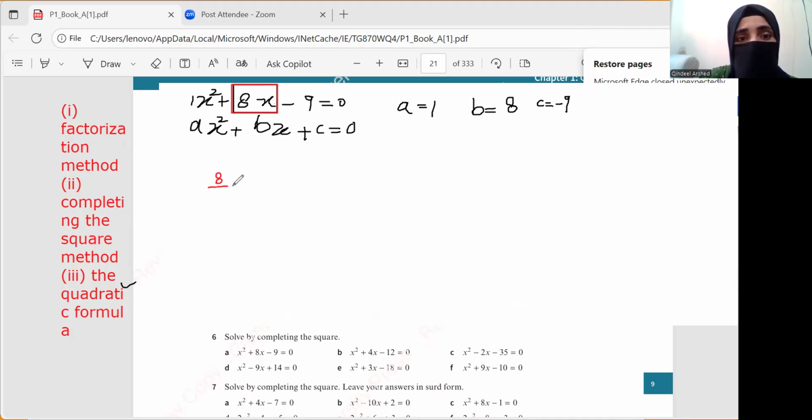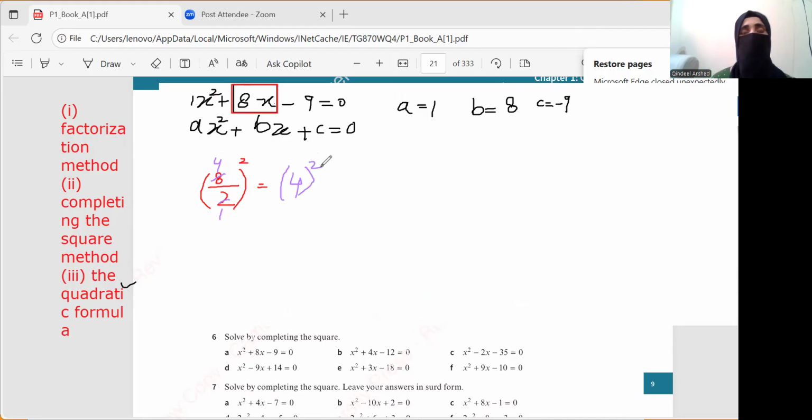Now simply divide this coefficient by 2, and if a simplification is possible, you can simplify it. So 8 divided by 2 is 4, and our final answer is for squaring.